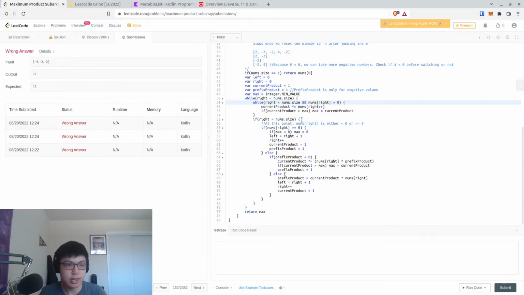So for some reason, I'm multiplying everything, oddly enough. -4 goes into prefix product, and that's current product times that, so that's just -4. Then 3 turns it into a nums right, so that would be -3 times -4. That's 12. And we set the max at 12. Prefix product to 1.